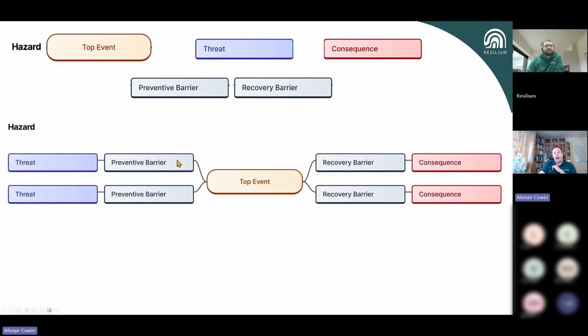So I go through the threat, through the loss of control in the middle, through that barrier, and then meet the consequence. And so the final elements of the analysis are degradation factors, and these are things that damage your barrier, things that you know about that can occur.